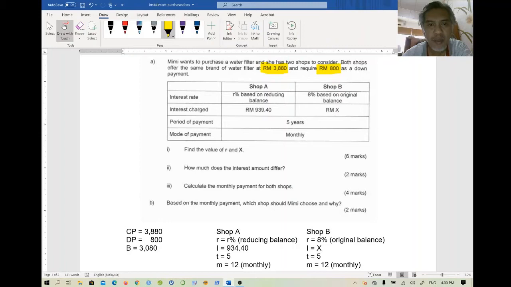The period of payment and the mode of payment are the same for both shops: 5 years, on a monthly basis.